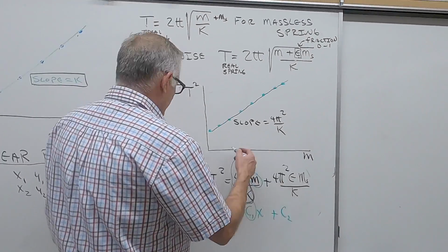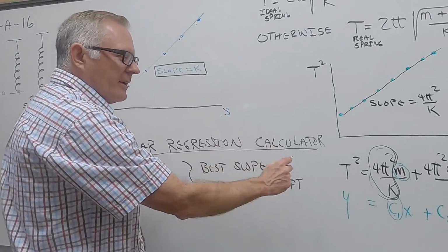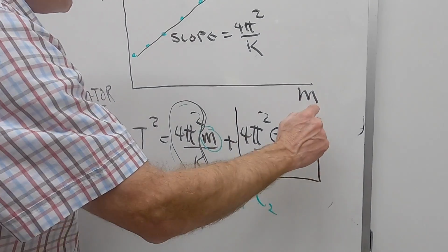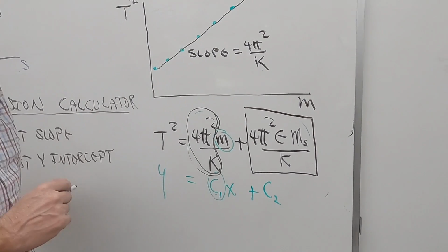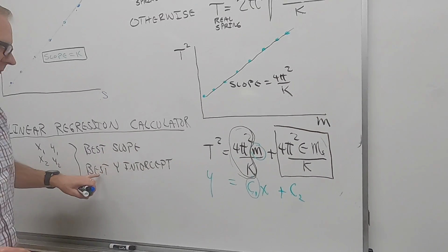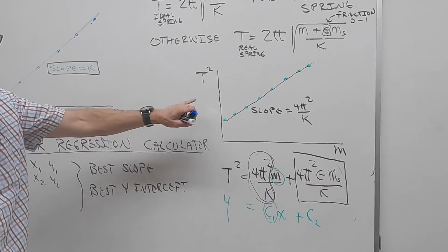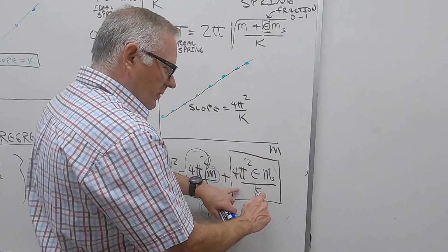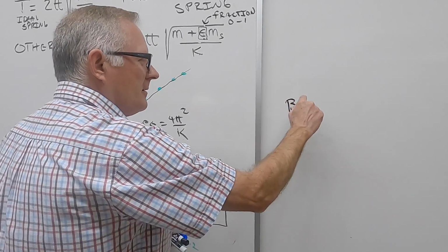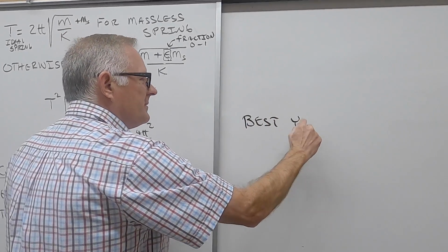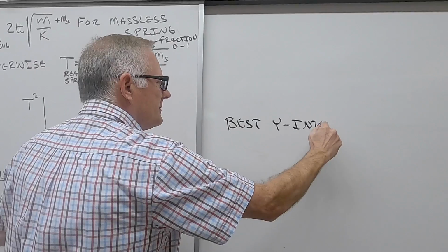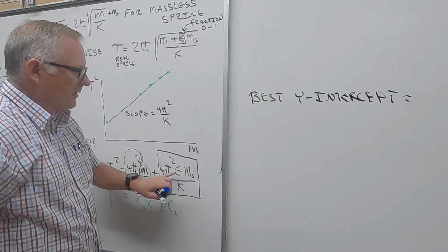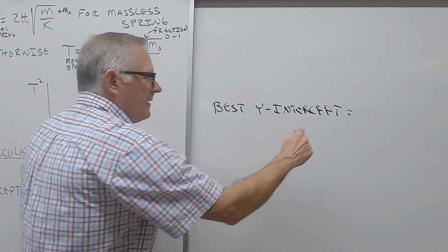Then, when we use that linear regression calculator, it also gives me the best y-intercept. Well, the best y-intercept is right there. So take the value you got from the best y-intercept with this data and set it equal to this value. So the best y-intercept is equal to 4 pi squared epsilon m_s over k.